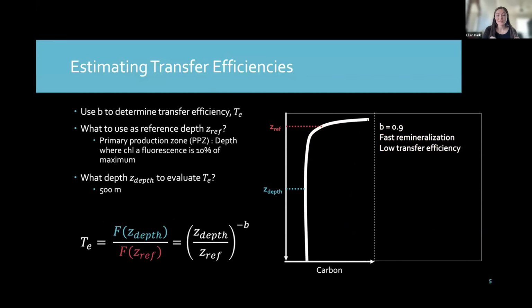Once we know this B value, we can estimate the transfer efficiency using the ratio between two depths. Often there's a big question of what we should use as a reference depth. For the Martin curve, it was typically 100 meters, but here we'll be using the primary production zone, which is defined as the depth where chlorophyll A fluorescence is 10% of its maximum. And we'll be evaluating the transfer efficiency at 500 meters.